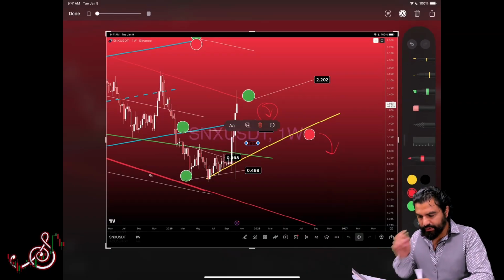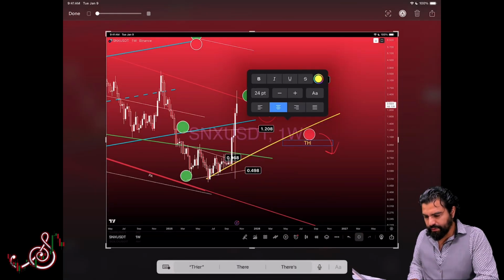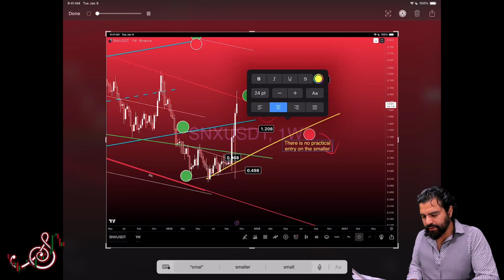Let's write that down. Add text. There is no practical entry on the smaller time frames for a short on SNX because the time frames are not in alignment.